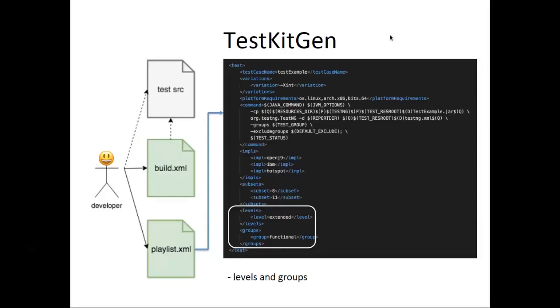So some of you might recognize this as the functional folder inside of the OpenJ9 repo, test functional. Inside there, there's a whack load of functional tests. Inside each one of these folders are build and playlist files telling us a little bit about what you need to do to build them and run those.